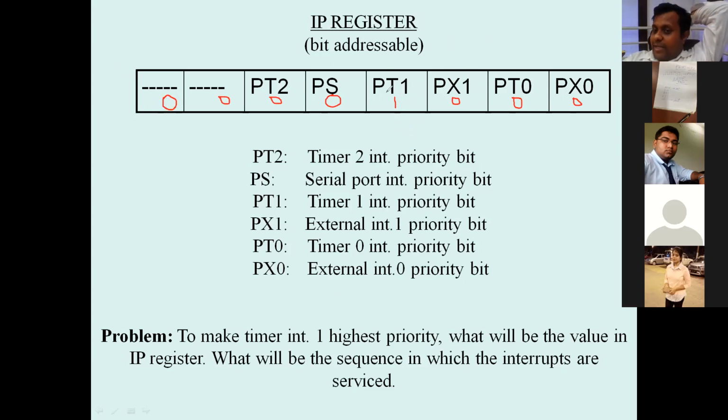First, timer 1 interrupt, then external interrupt 0, timer 0, external interrupt 1, then serial communication interrupt. Means timer 1 interrupt goes into the highest place.